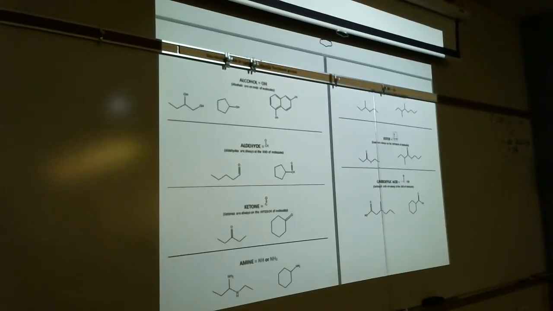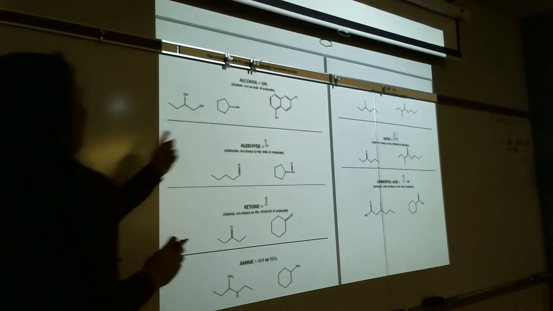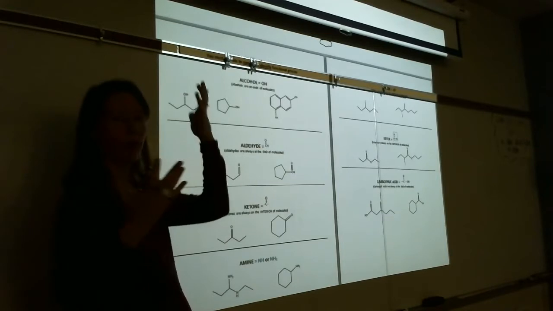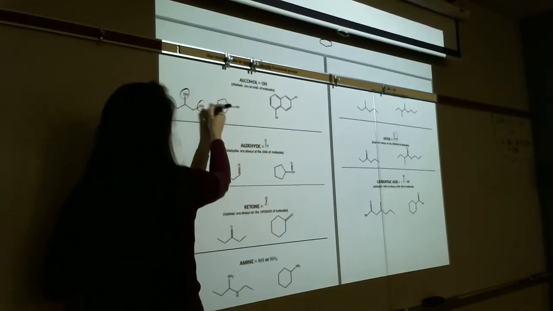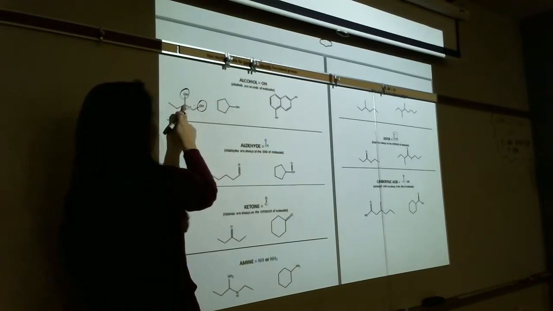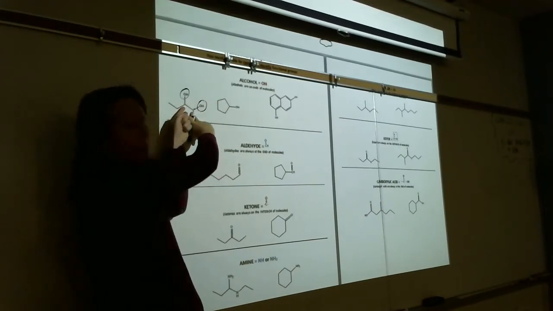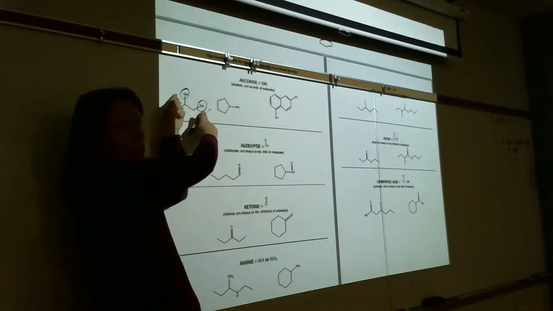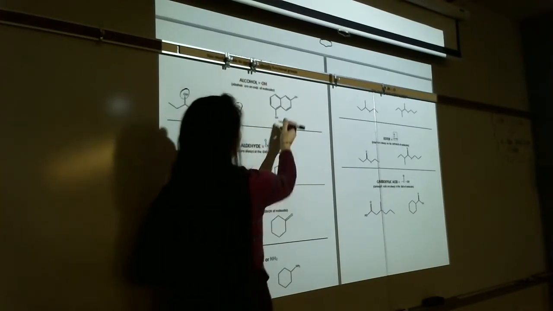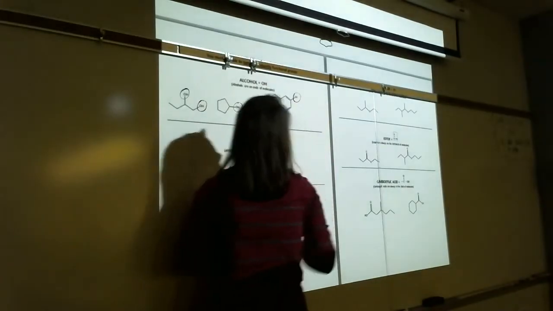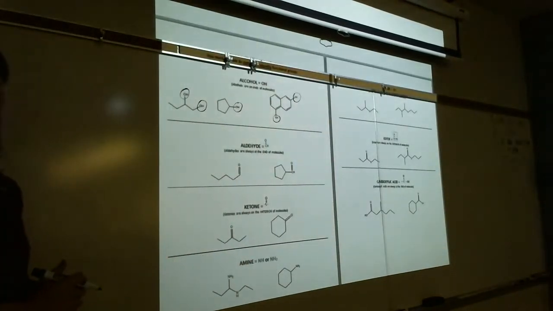Okay. So an alcohol is an OH. So for instance, if I gave you this molecule and I said identify all the functional groups, right? That's an alcohol. That's an alcohol, not the carbon. No, the carbon is not part of the alcohol. It's just the OH. So there's an alcohol, there's an alcohol, there's an alcohol. Okay, all of those are alcohols.